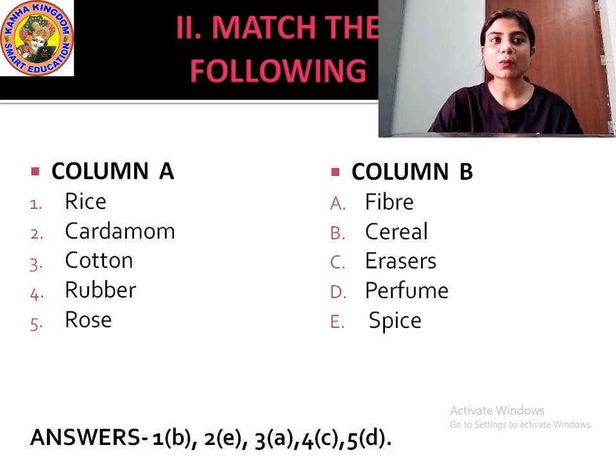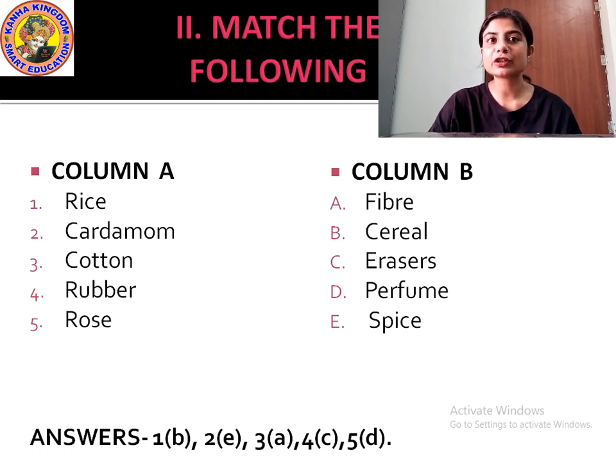The answer of number 1, rice, is cereal. B. 1B. Then number 2, cardamom. It is E. Spice. 2E. Then number 3, cotton. Cotton is a fiber. That means 3A. Then rubber.